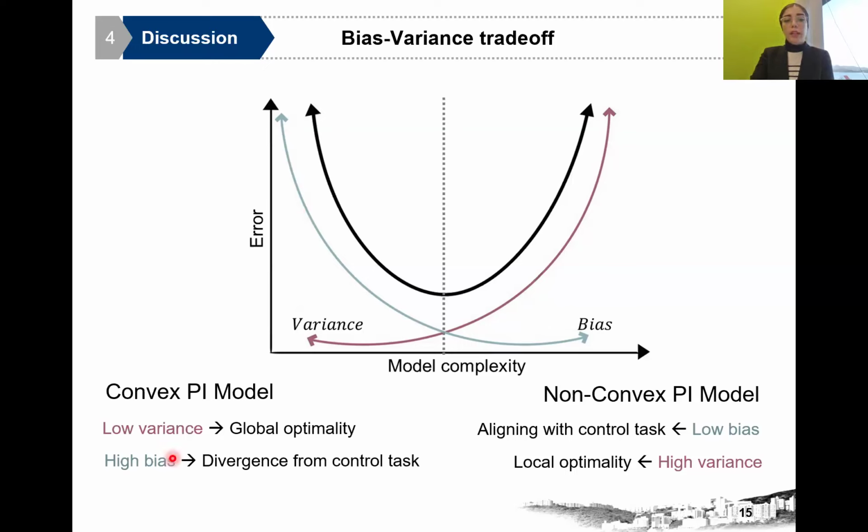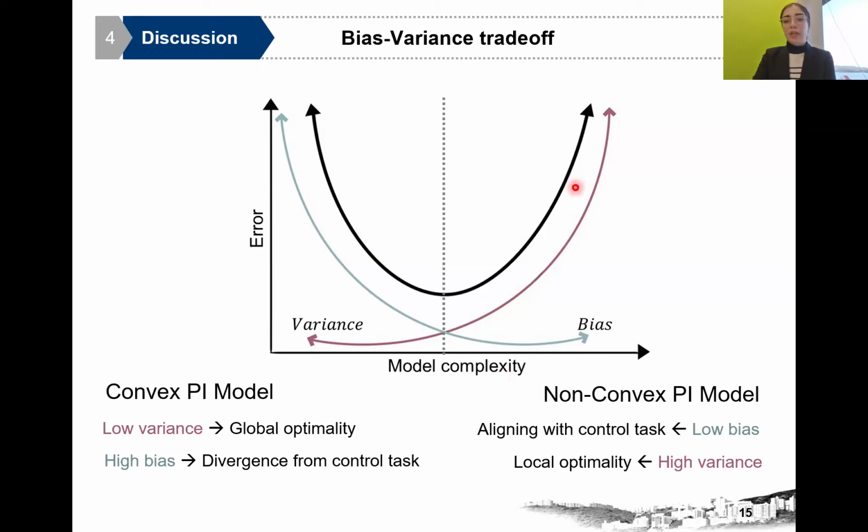The lower variance is related to the global optimality, and the higher bias is because of the divergence of this model from the control task, because we are using the ground truth data at each time step for updating the next time step. And on the other hand, the non-convex model has more model complexity.